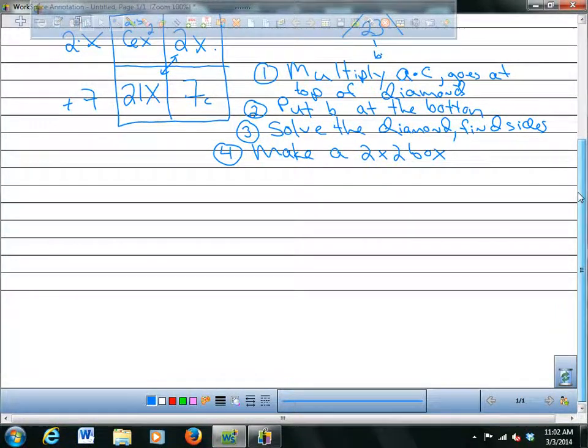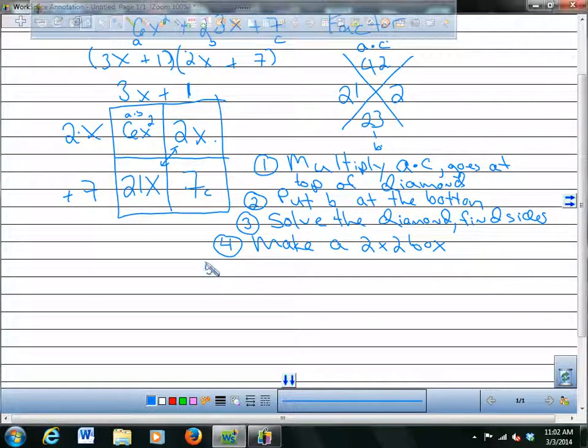What's next? 5. Put A times C in top left. Put C in bottom right.